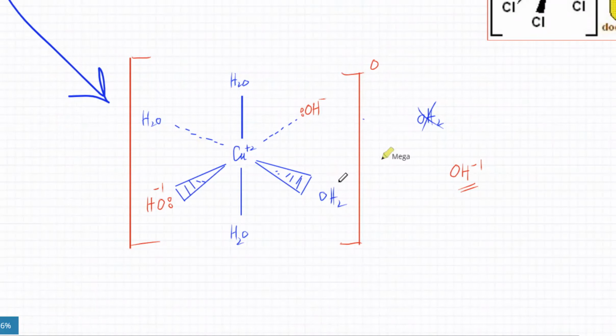But the thing would be that once you get the third OH ion in, now you've got a negative charge. Now the problem is that the OH ions are going to be repelled.